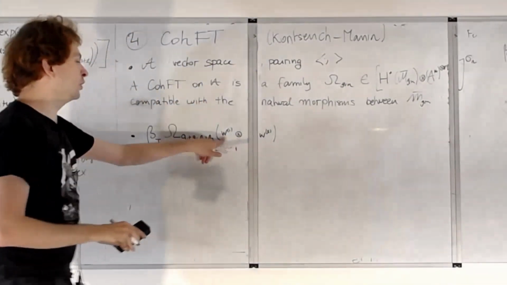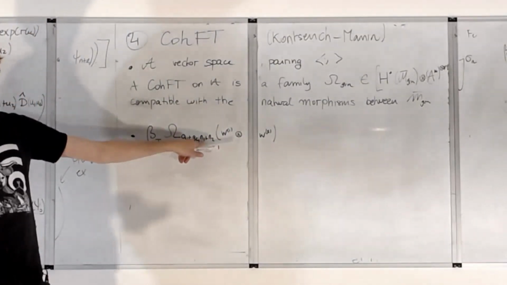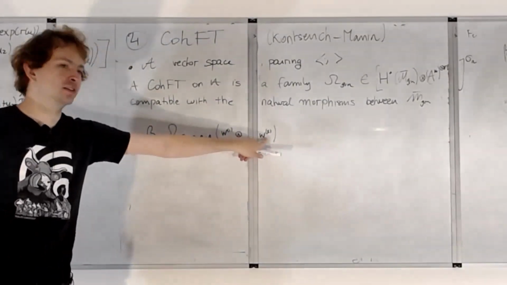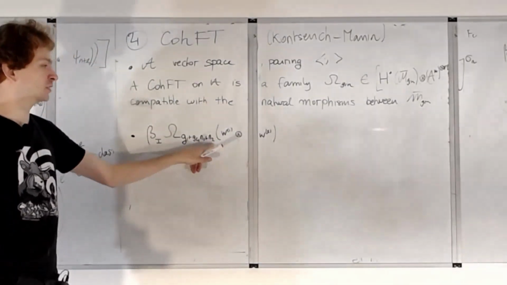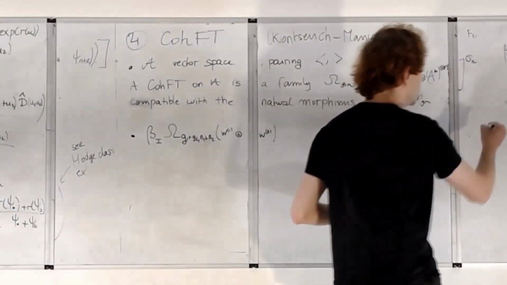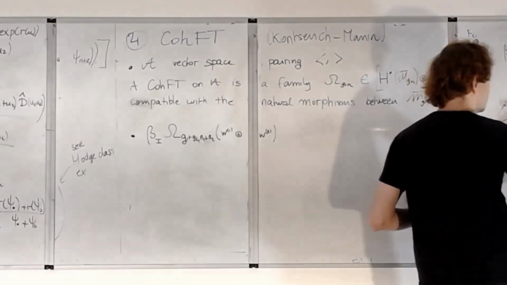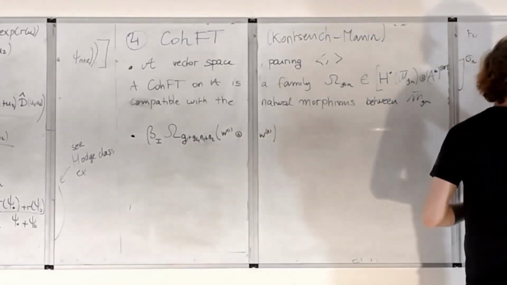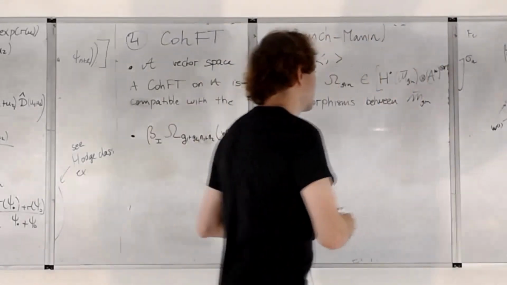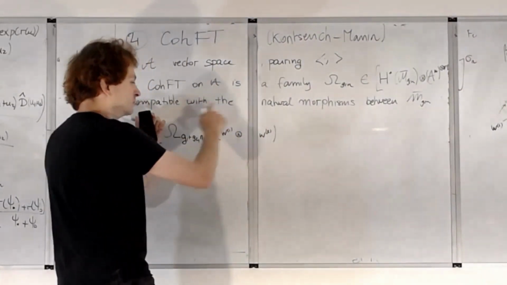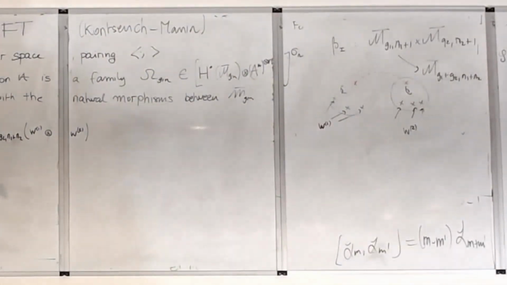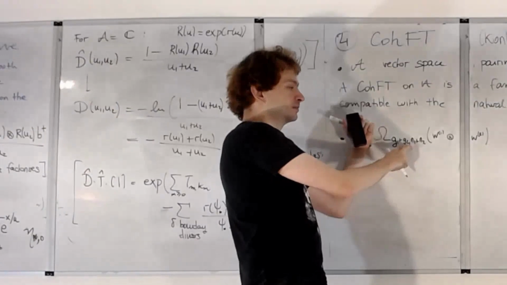This is the list of all vectors you insert at the first n1, and the list of all the vectors you insert here. And so this is indeed a cohomology class on this moduli space.